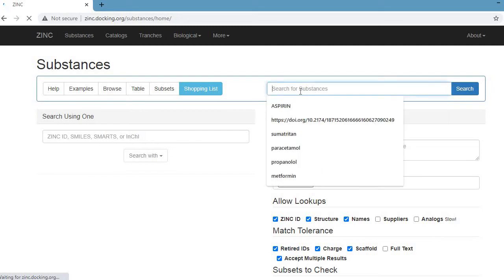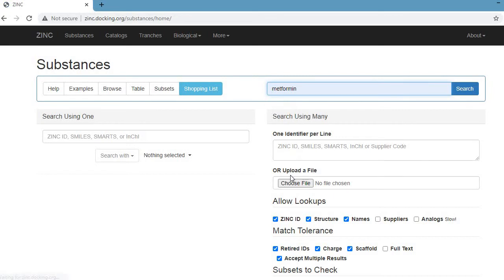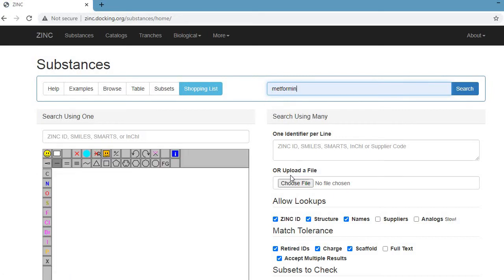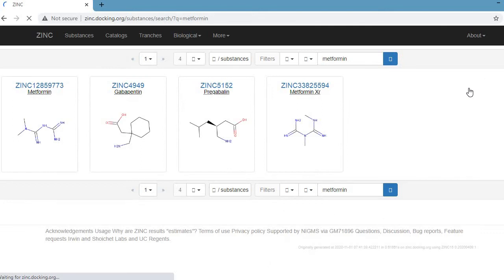For example, we can take metformin and go for a search. So here are various structures open for metformin.